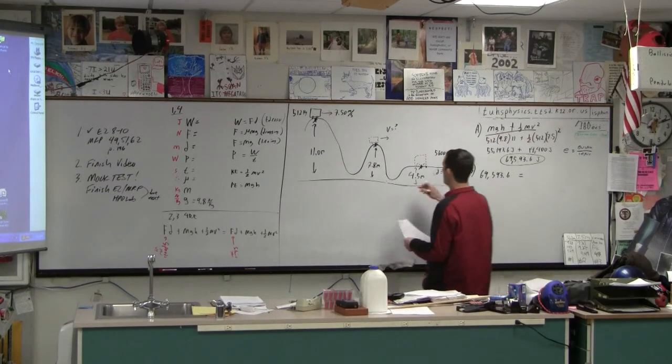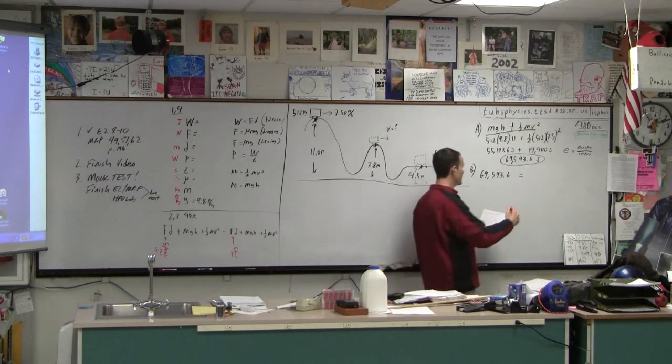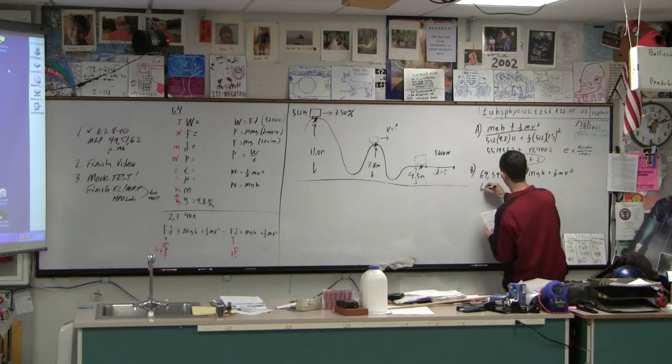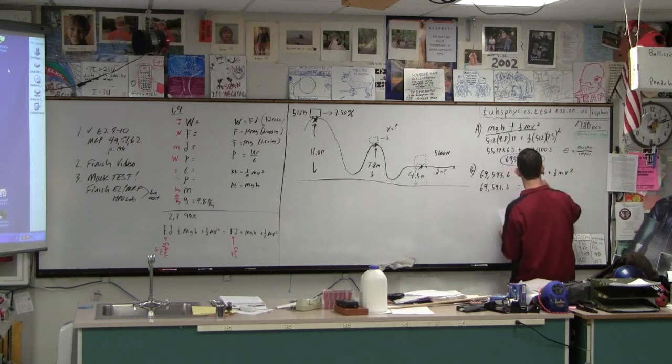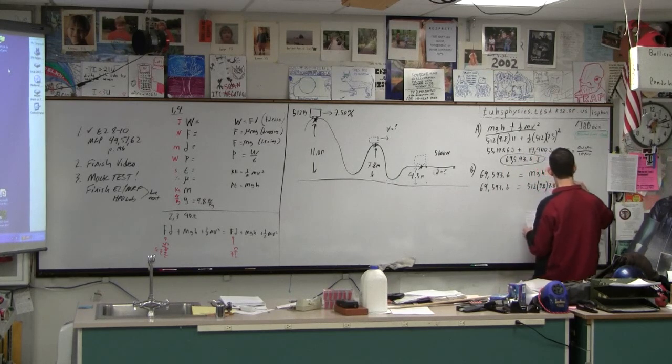Equals, and then what kind of energy do we have here? Well, kinetic and potential, right? So I can say that equals mgh plus 1/2 mv squared, and the height is 7.8.